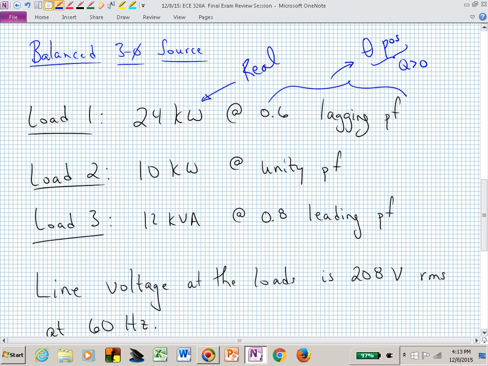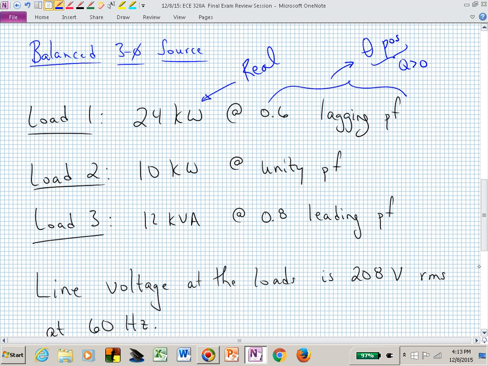Without solving or calculating anything, you know the length of your horizontal line in this complex power triangle. This now represents all 3 phases, so this would give you the full complex power in load 1. If you just needed to know one phase, since it's balanced, you now know that 24 divided by 3, or 8 kilowatts, is the real part in one of the phases, A phase, B phase, or C phase, if somebody asks you that.